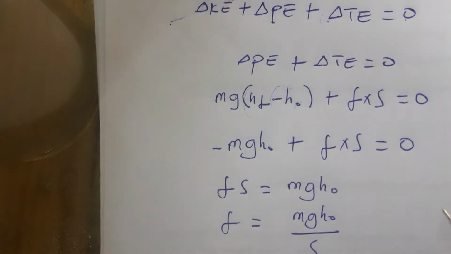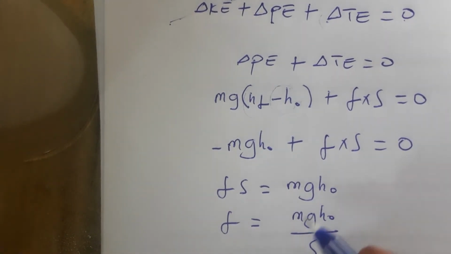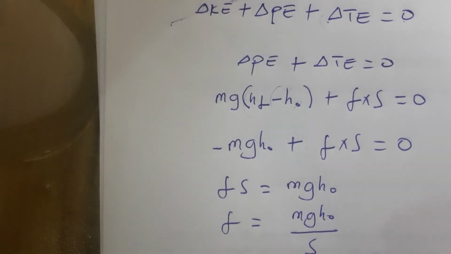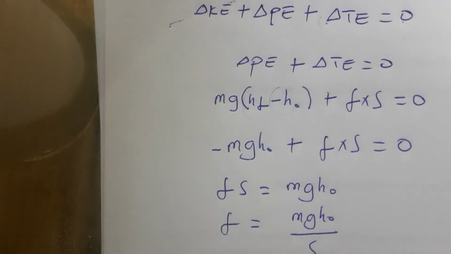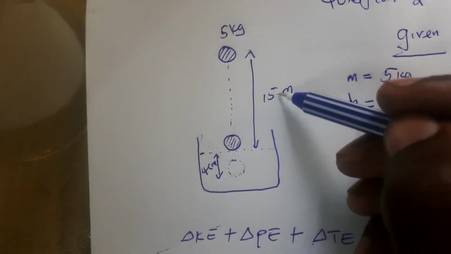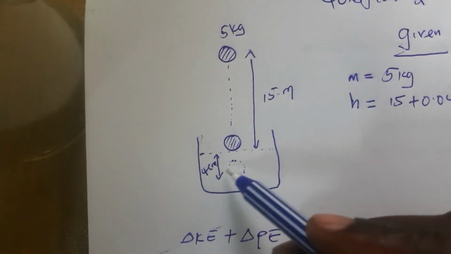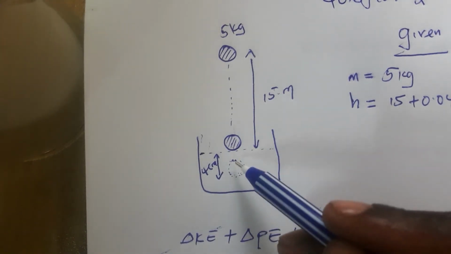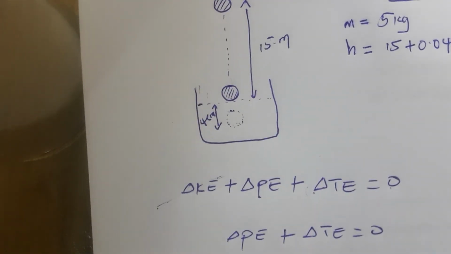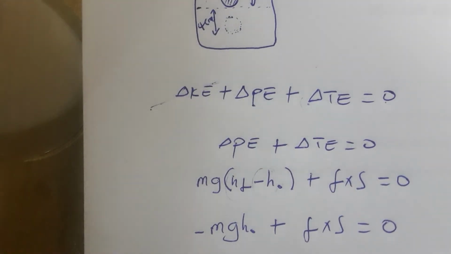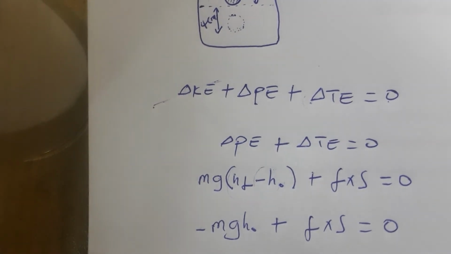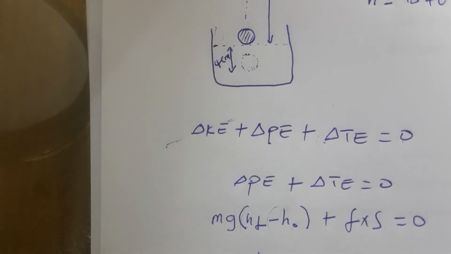So friction force is equals to, we know the mass is 5 kg times g, which is acceleration due to gravity, 9.8, times the height. Okay, so we have to get the total, like this 15 meters plus this 4 centimeters when we convert it to meters, which is 0.04 meters. So we add 15 and 0.04 meters, we shall get 15.04 over the displacement they're talking about here.